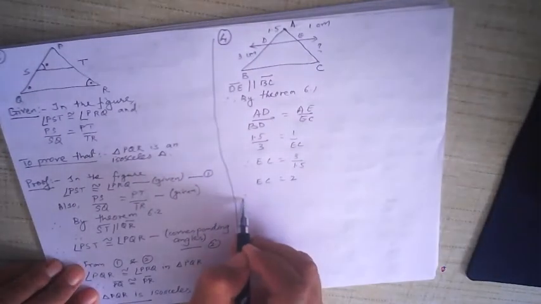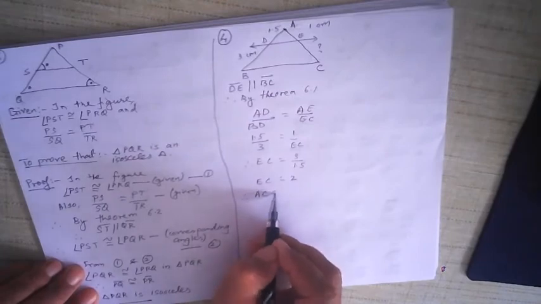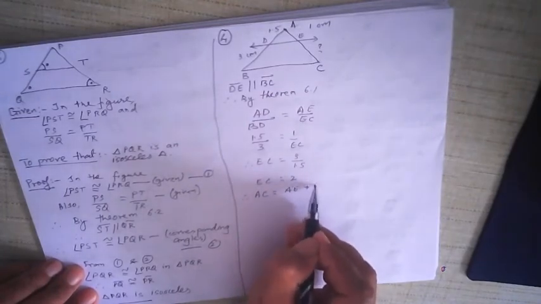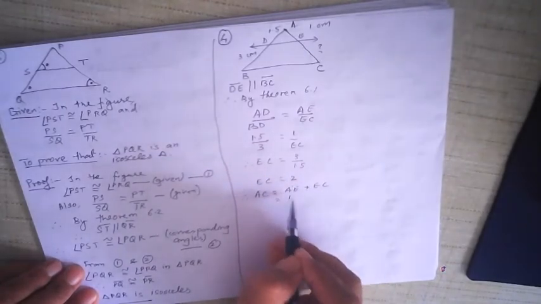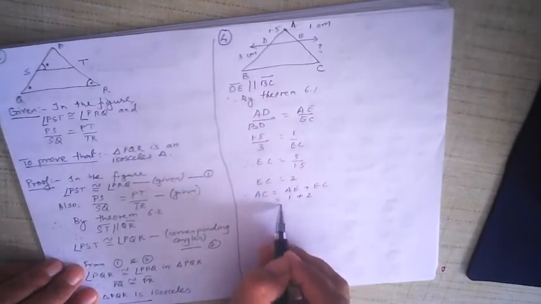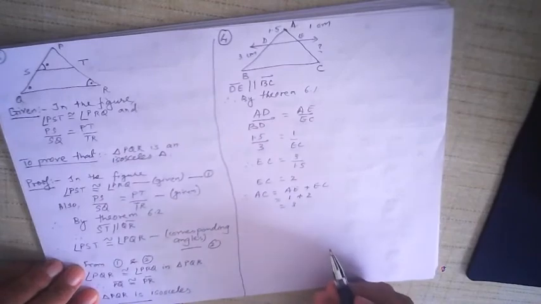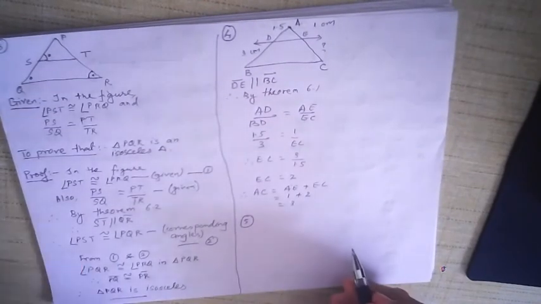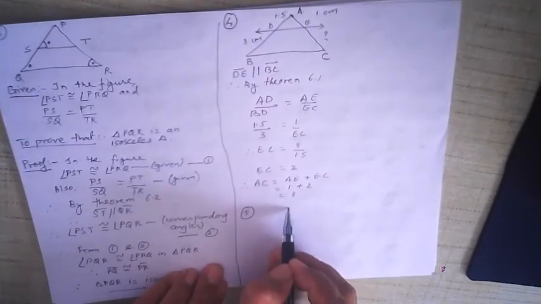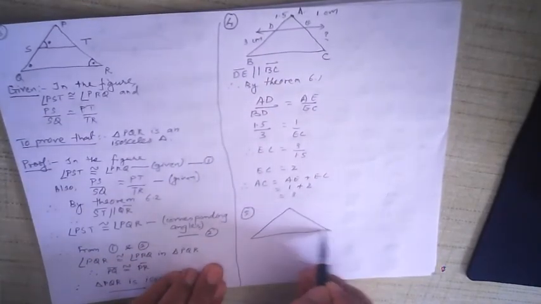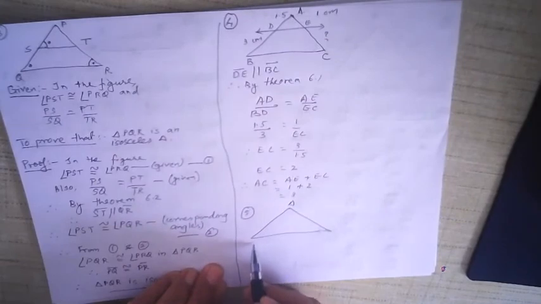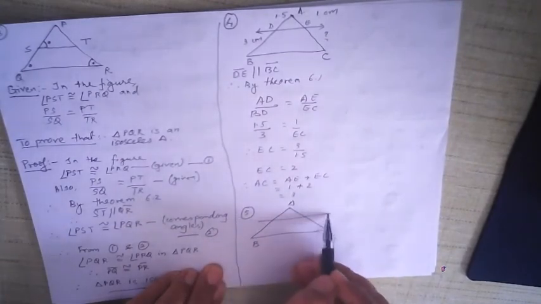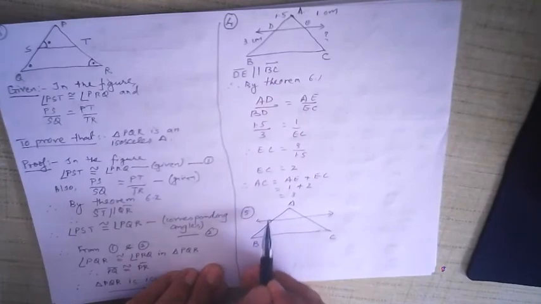Now supposing you are asked AC also, then you will get AC is equal to AE plus EC. Now AE is given as 1, EC is 2, 1 plus 2, 3 centimeters. Alright, let us take another case. You are given triangle ABC, a similar figure, and DE this way.